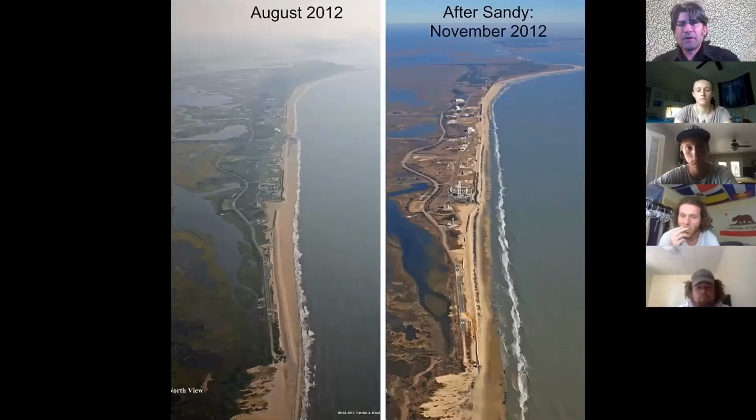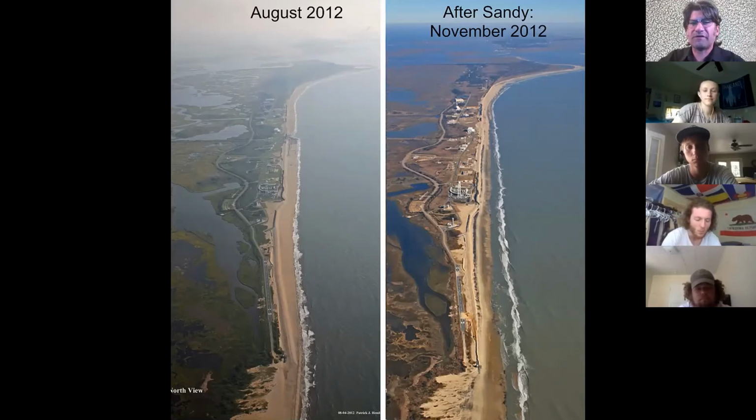Okay, so not only is it the precipitation, but it is absolutely the wind and the waves as well that cause massive changes to shorelines. Here you're looking at a before and after picture from a very famous storm. Technically it was a tropical depression by the time it hit Jersey, but Superstorm Sandy back in 2012 hit New Jersey and New York very, very hard.